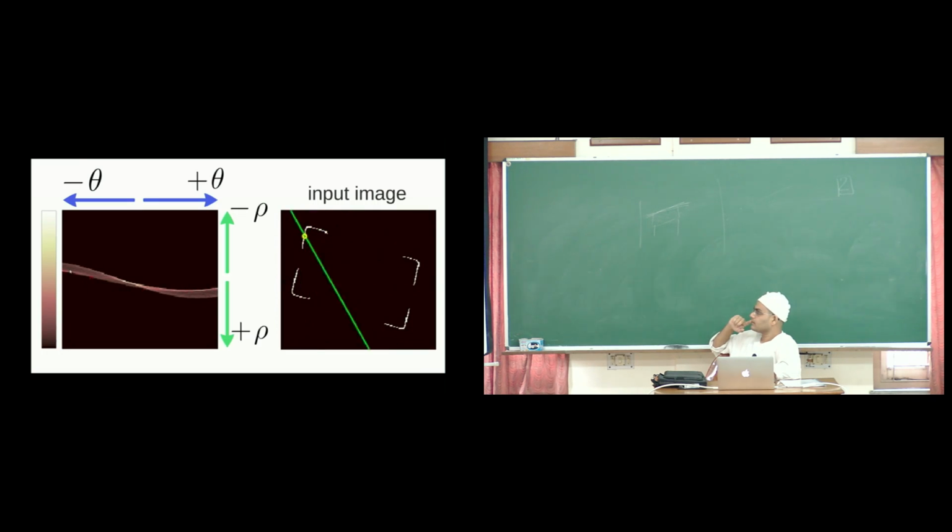Here it will sum in terms of this space, and we can see that here we have 0 for all the values, minus theta for this side, plus theta for this side, minus rho for this side, and plus rho for this side. We can see that as long as the algorithm runs, it will discover different combinations. This is the matrix, but the image representation of the matrix, right?